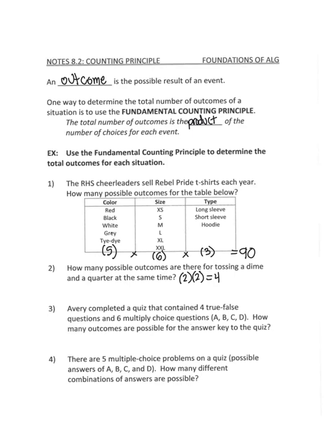Okay, let's look at number 3. Avery completed a quiz that contained 4 true-false questions and 6 multiple choice questions. How many outcomes are possible for the answer key to the quiz? If she has 4 true-false questions, for her first question she picks either true or false.